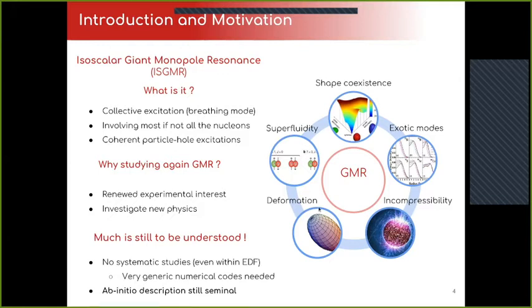And this is because a very generic and powerful numerical code is needed in order to take into account all these effects. And all in all, the ab-initio description itself is still very seminal concerning the giant monopole resonance. So our objective in general would be to have a complete and systematic description from an ab-initio standpoint.